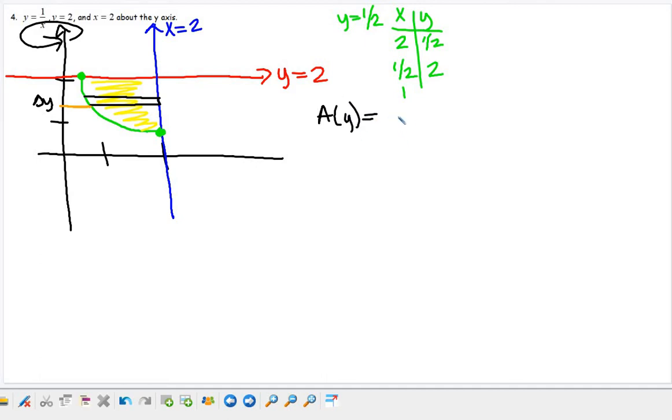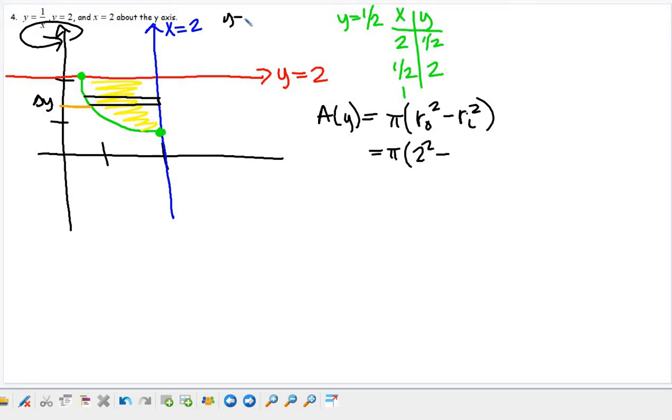Okay, so that means my area would be pi times my outside radius squared minus my inside radius squared. So pi, so my outside radius is the function farthest from my axis of rotation, which is 2, minus my inside radius, which is that function in terms of y.